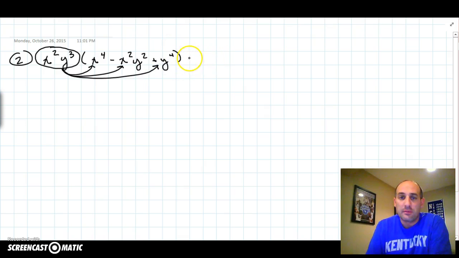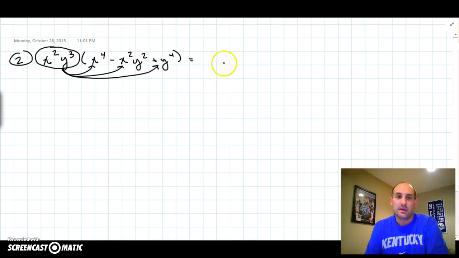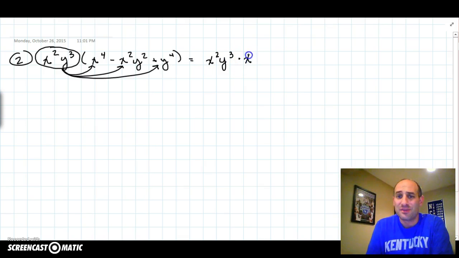So when we look at that, I'm going to try to write across here as I go so I can kind of scroll down. I'm going to have x squared y cubed, and then I'm going to multiply it by x to the 4th to start. Notice right here you'll see a minus sign at the second term, so I'm going to go ahead and put a minus sign here to take care of that. I'm going to have x squared y cubed times this term right here, x squared y squared.